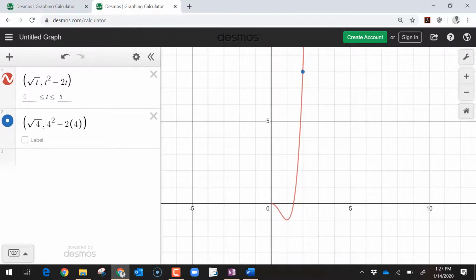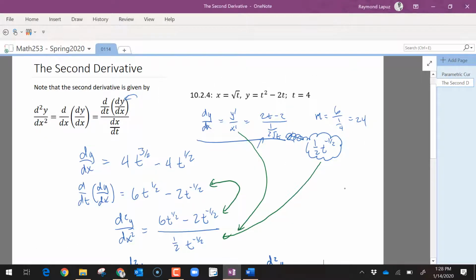Right? Looks like it's concave up. Let's draw that line. y minus, what was it, 8? y minus 8 is equal to, what was the slope again? Remember? 24, yeah, for the first derivative.